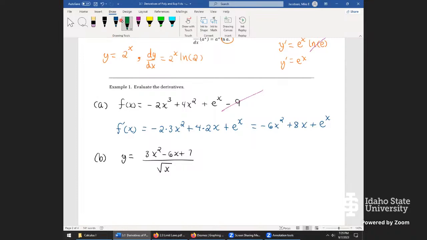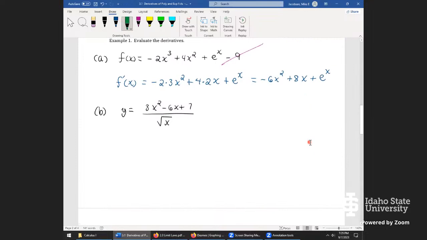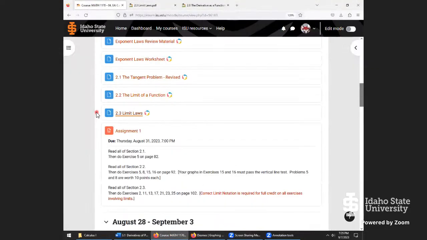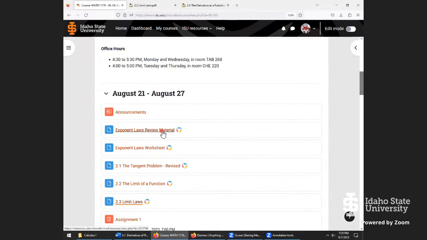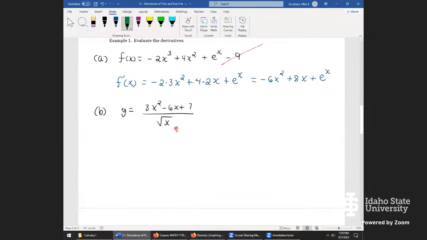Any questions first before we begin? Okay, as we go to do this, we're going to be using loads and loads of different exponent laws on some of these problems. And just as a reminder, if you feel a little rusty on exponents, there is review material here and a worksheet as well if you'd like. So let's give this a try.